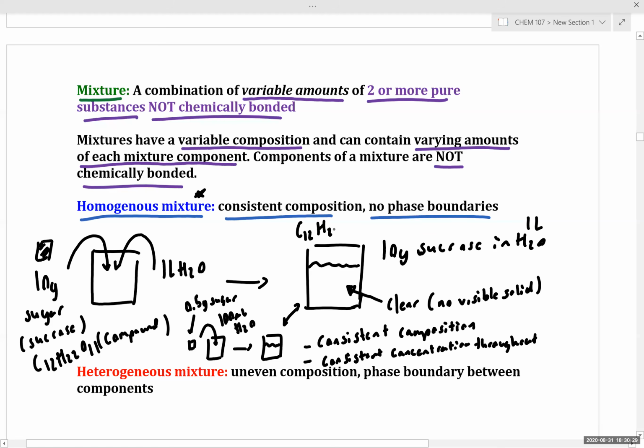We'd write this sugar solution as C12H22O11 aqueous. So I'd like you to think homogeneous, aqueous symbol. This is saying we have sugar dissolved in water. Sugar is mixed with water. Does that make sense to everyone? So the aqueous symbol says mixed with water, homogeneous mixture.